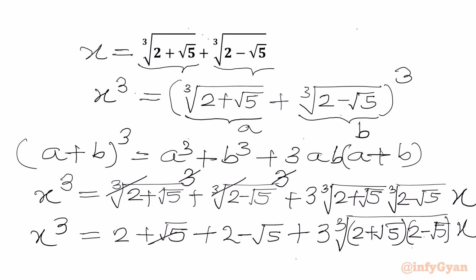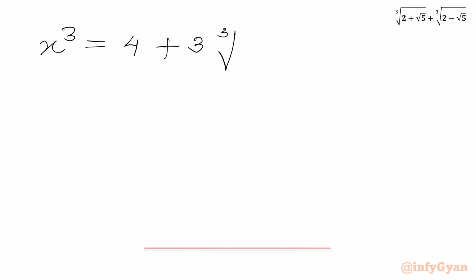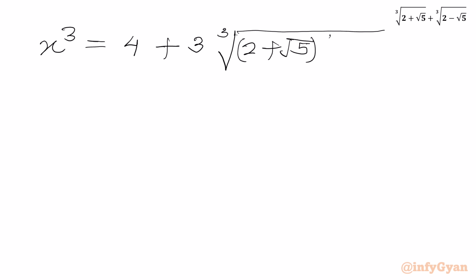Now we can cancel plus root 5 and minus square root 5. So right hand side we can write as x cube equal to 2 plus 2 is 4 plus 3 times cube root of 2 plus root 5 times 2 minus root 5 times x.